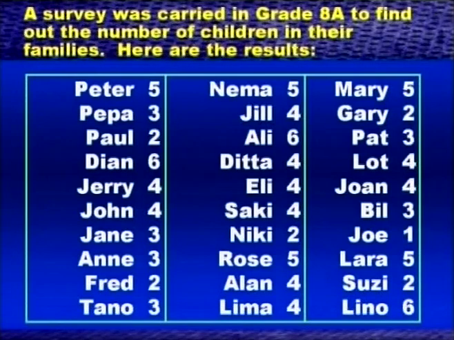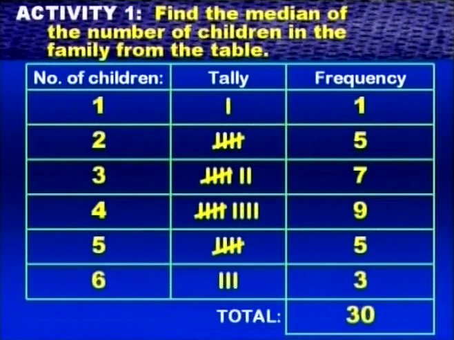That's two, and you, and then your brother or sister, two in the family. How many students have three children in their family? 7. They have 3 children, 7 of them.